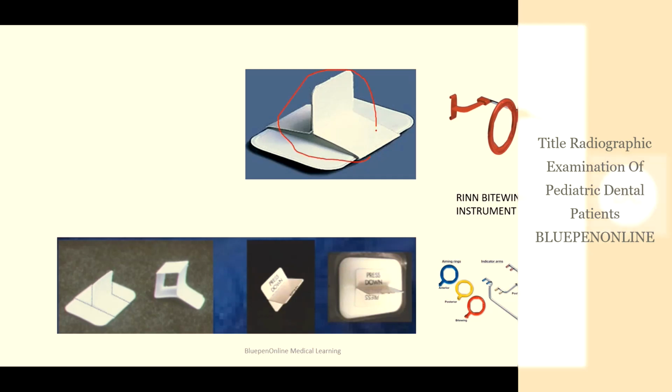This can even be created using paper. This is the bite tab, and this is the instrument which we can use, called the Rinn bitewing instrument. It is available in certain colors like blue for anterior, yellow for posterior, and red which is used for the bitewing.